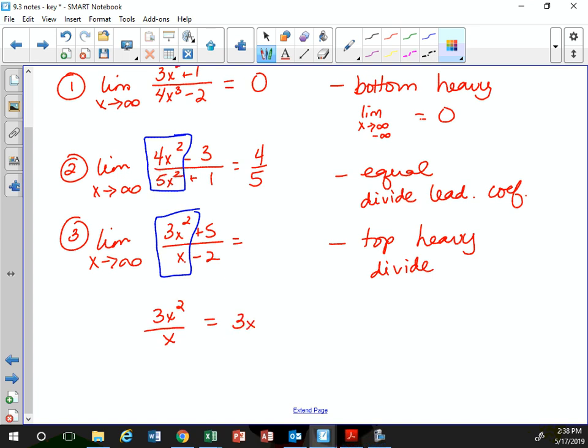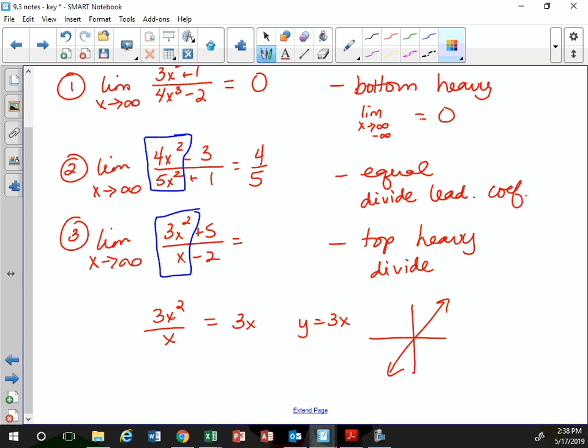If I asked you to graph the line y equals 3x, what would you do? It doesn't have to be a perfect graph; we're looking for the general direction. So as x approaches infinity, where is this going? Infinity. That's your answer.